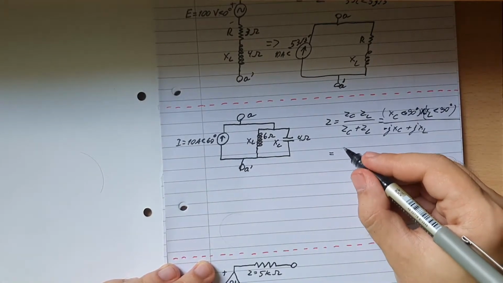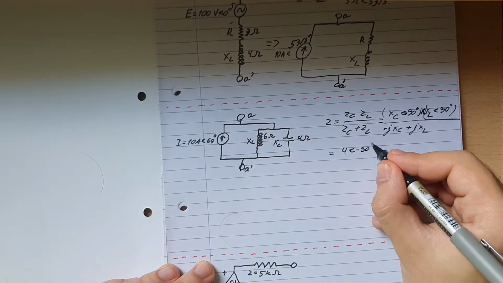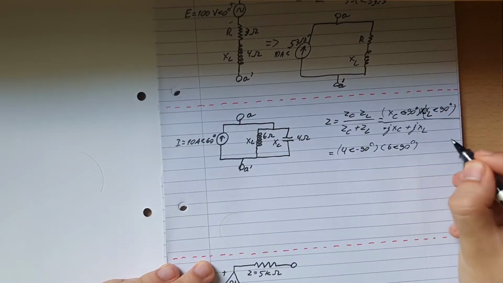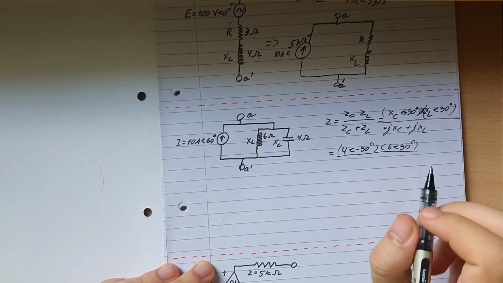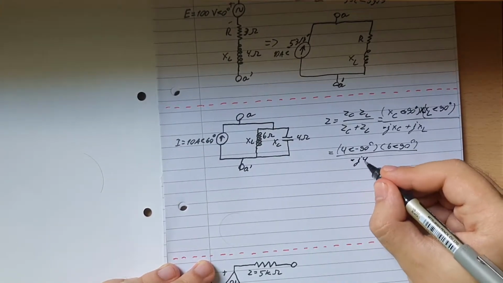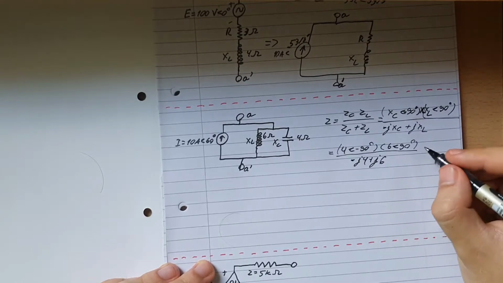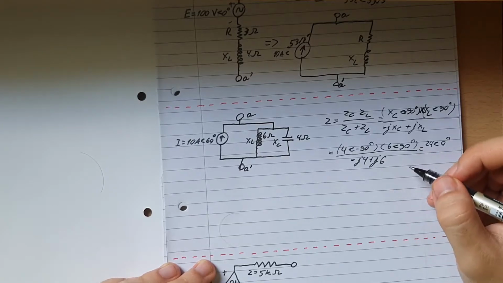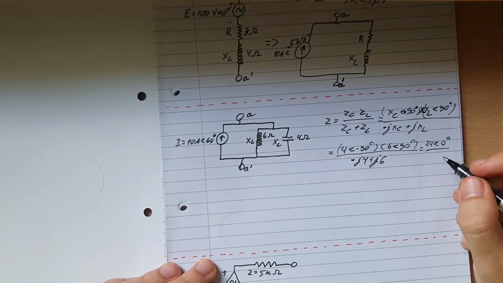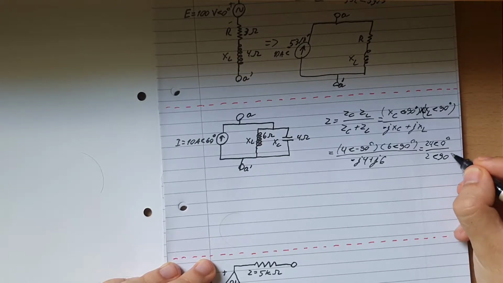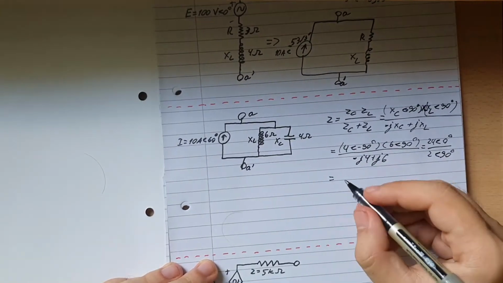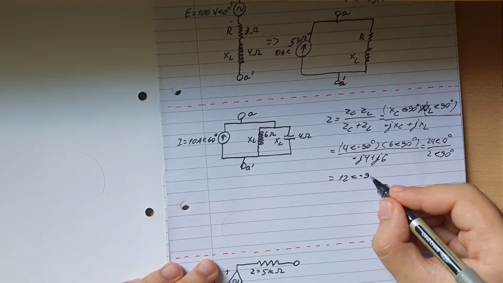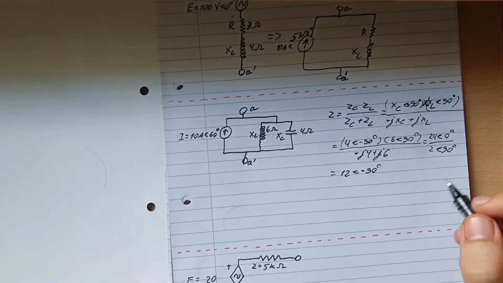That will be equal to 4 at an angle of minus 90 degrees multiplied by 6 at an angle of 90 degrees, all divided by minus j4 plus j6. That equals 24 at an angle of 0 degrees, because minus 90 plus 90 gives you 0, divided by 2 at an angle of 90 degrees. We did the division, that gives us 12, and the angle goes into the negative side, so it's at an angle of minus 90 degrees, and that's our answer.